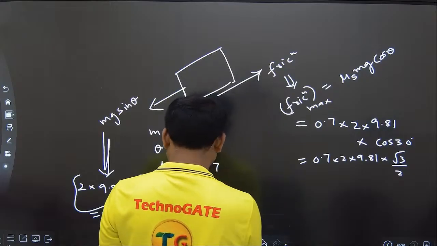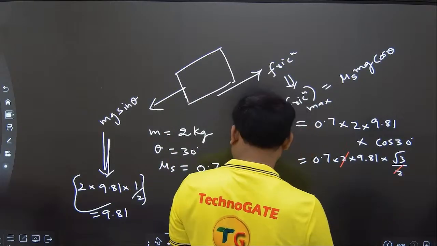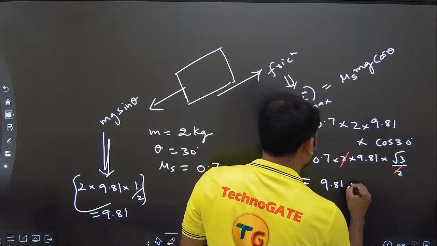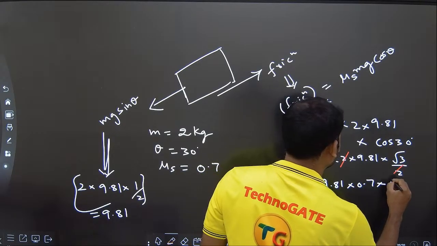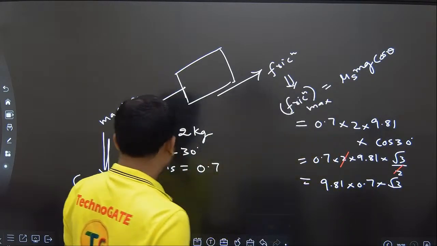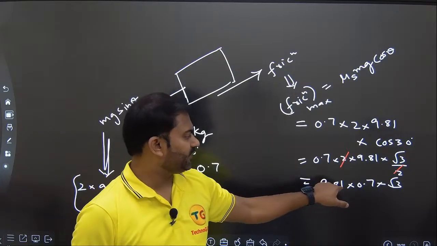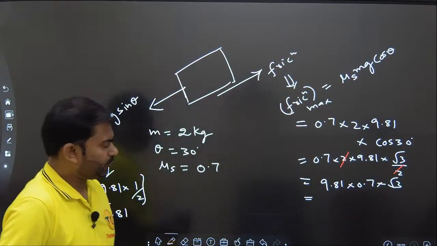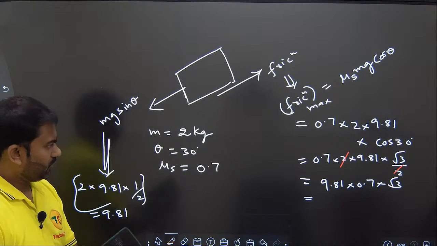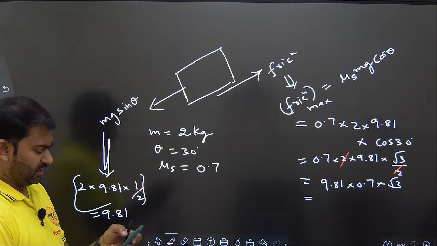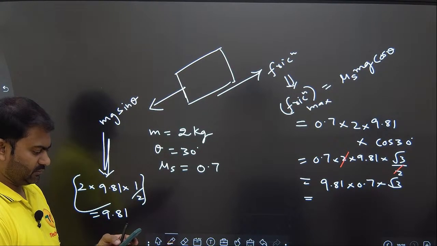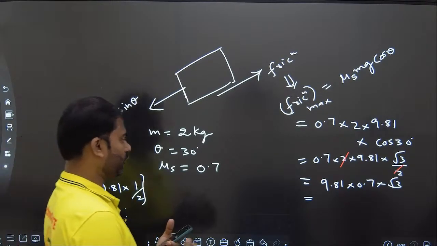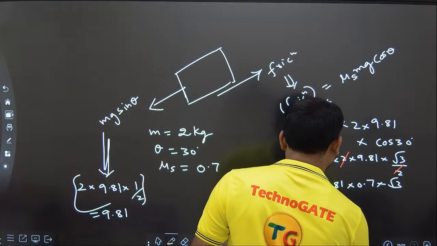If you simplify this, the 2 will go off, and we have 9.81 into 0.7 into √3. Let's multiply these and check. 0.7 into √3, let me do the calculation, is 1.2124. So 9.81 into 1.2124.